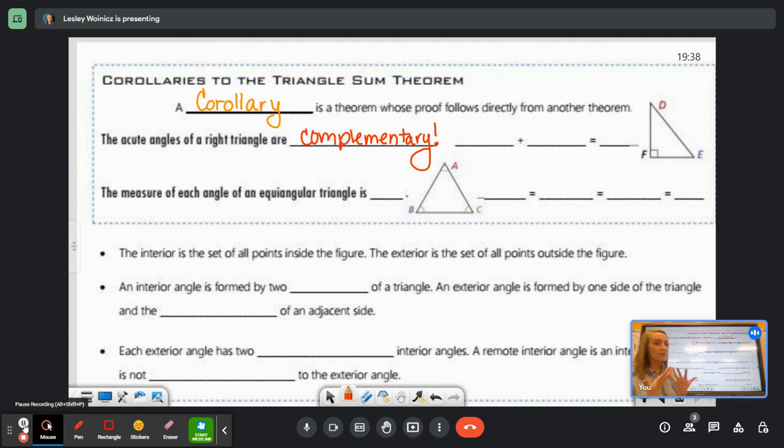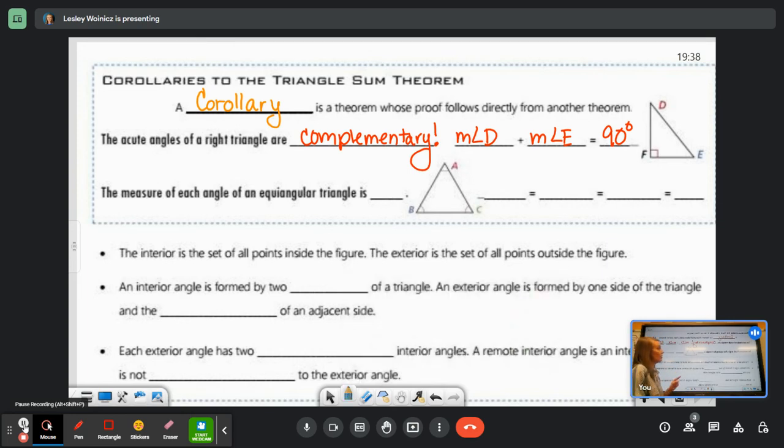So they have to be complementary and add up to 90 degrees. It just makes sense. So the measure of angle D plus the measure of angle E has to be 90 degrees. They're complementary.